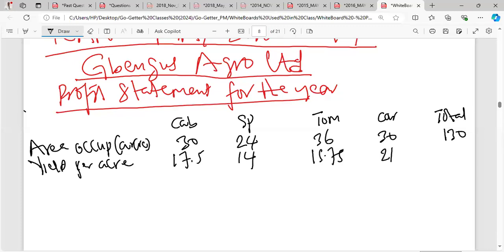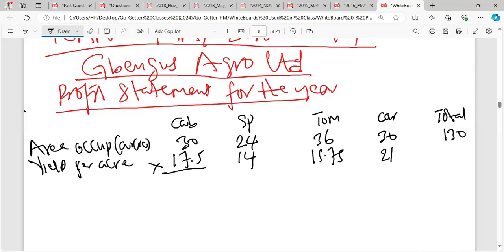We don't need to add a total because there are different yields. Acres are acres, that's why we can add them. But yield for cabbage is different from yield for spinach, so you don't need to add that.